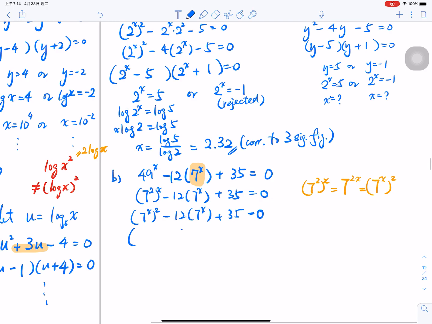As a result, factorize now. This can be read as y squared minus 12y plus 35 equals 0.